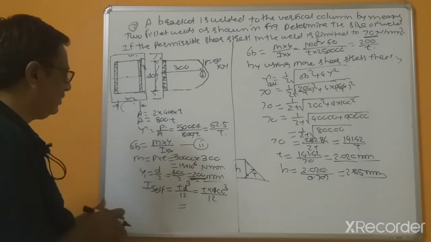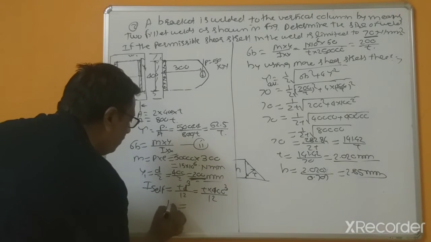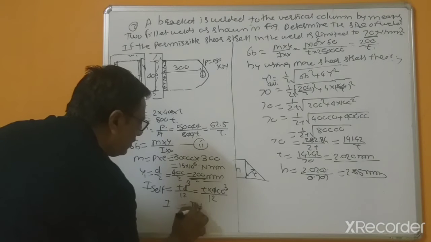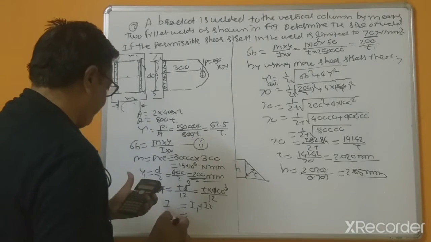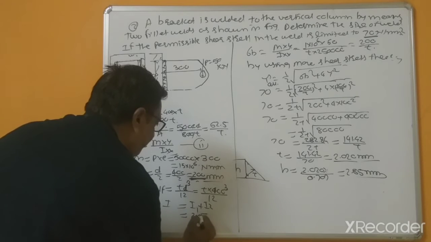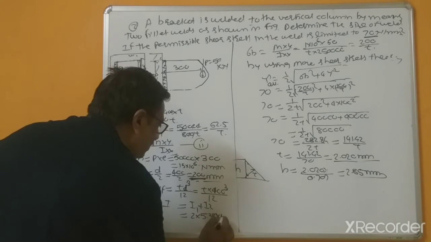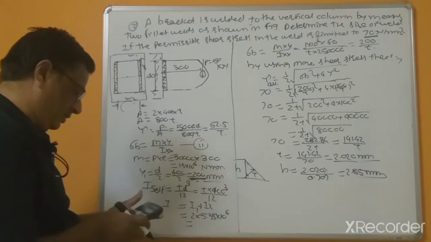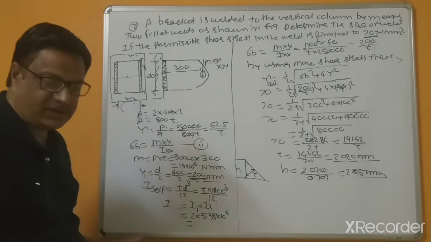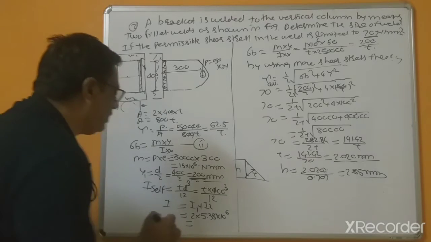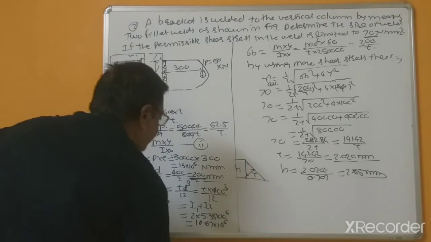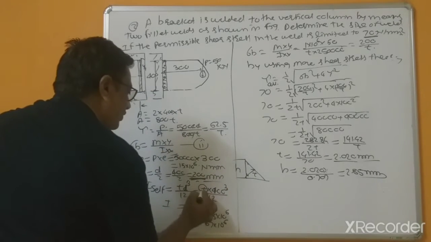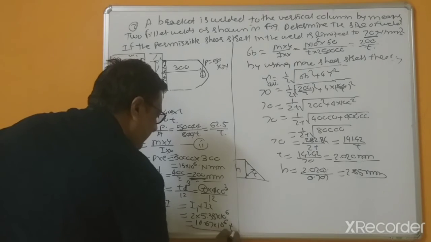Total moment of inertia equals I1 plus I2, so 2 into 5.33 into 10 to the power 6 multiplied by 2. This is equal to 10.67 into 10 to the power 6, and this is T we have to consider.